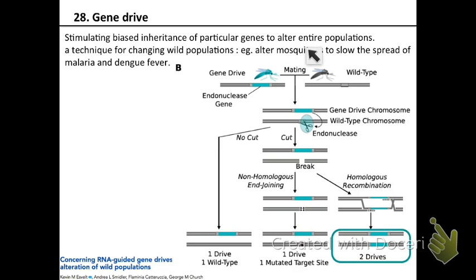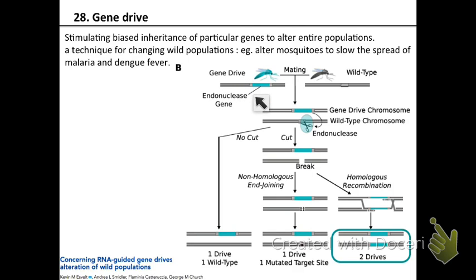So that is going to alter the entire populations. So it's a technique for changing wild populations, such as you can alter mosquitoes to slow the spread of malaria or dengue fever or Zika or whatever you guys like these days, right? Or whatever the doom that's coming towards us, except the orange one.